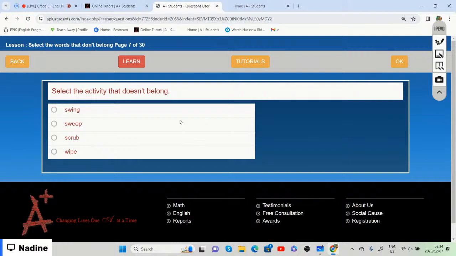Now we need to select the activity that does not belong. The activity we have: swing, sweep, scrub, wipe. What is the word that does not belong?